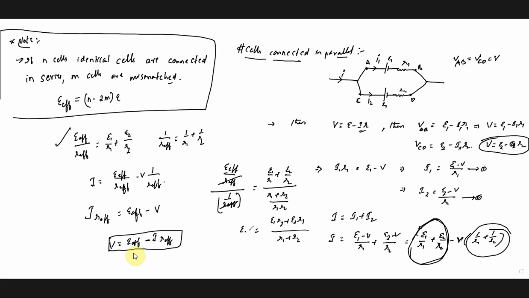This is the effective EMF value. Please remember, this is the most important concept. There is a bit of confusion, but do it step by step and you will understand it. So in series combination, you will get E effective directly, but in parallel combination, you will get E effective by R effective. Then to calculate E effective, divide that equation and you will get the required answer.